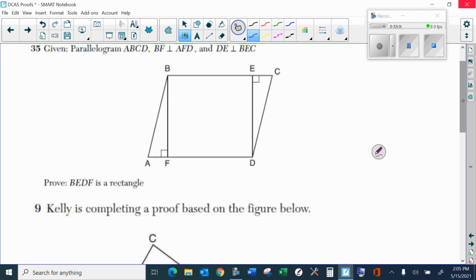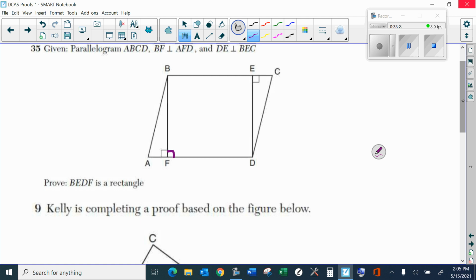Given parallelogram ABCD, BF is perpendicular and DE is perpendicular right there. Prove BEDF is a rectangle.